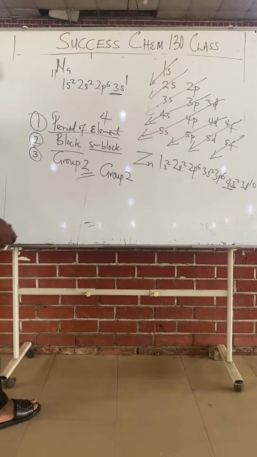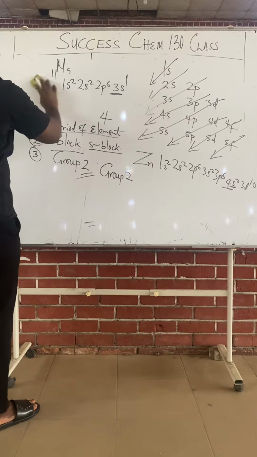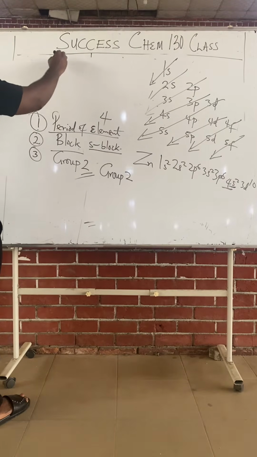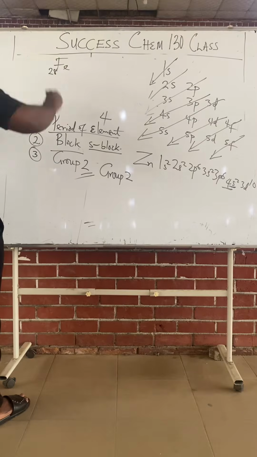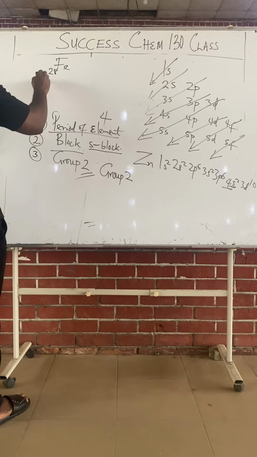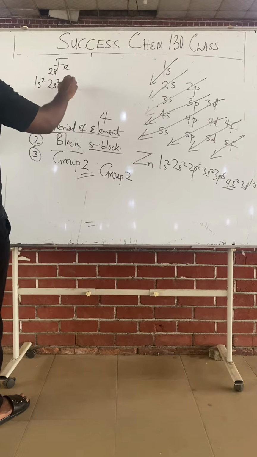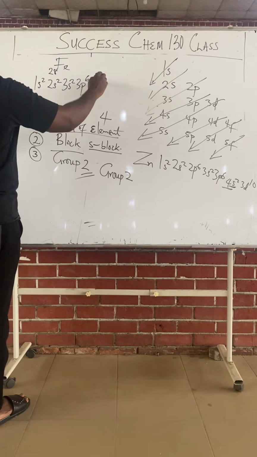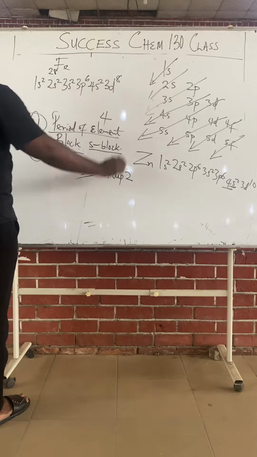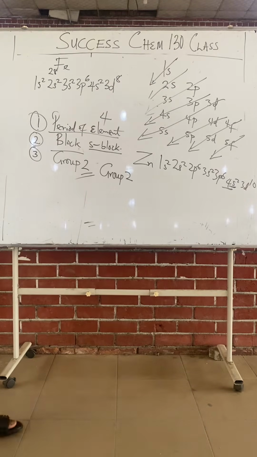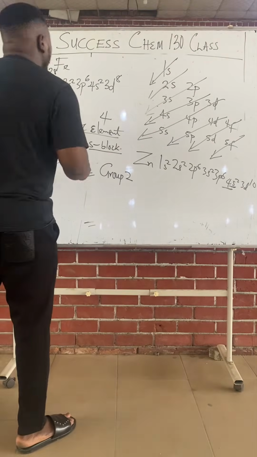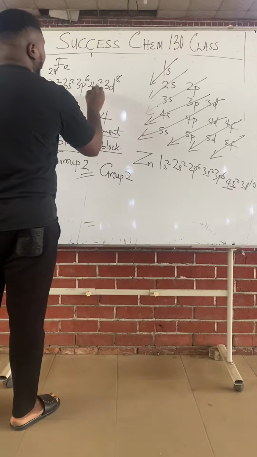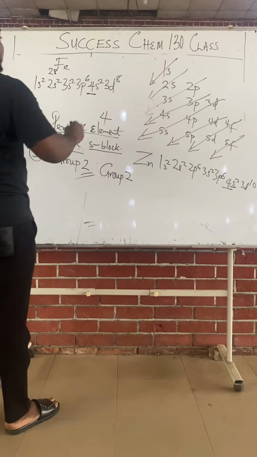Let us look at another element. Let's look at iron, Fe. Iron is 28, right? 1s2, 2s2, 2p6, 3s2, 3p6, 4s2, 3d8. Iron belongs to period 4.